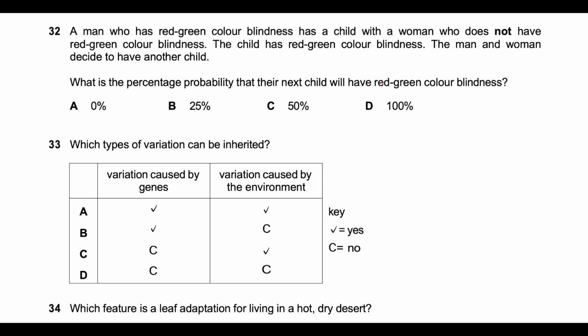As we know, color blindness is X-linked, and it's recessive. Since the woman is not affected, maybe she is dominant or heterozygous. So I'll assume she is heterozygous because they did not even mention the gender. Come with me, I will draw the Punnett square, then we will choose the right answer.